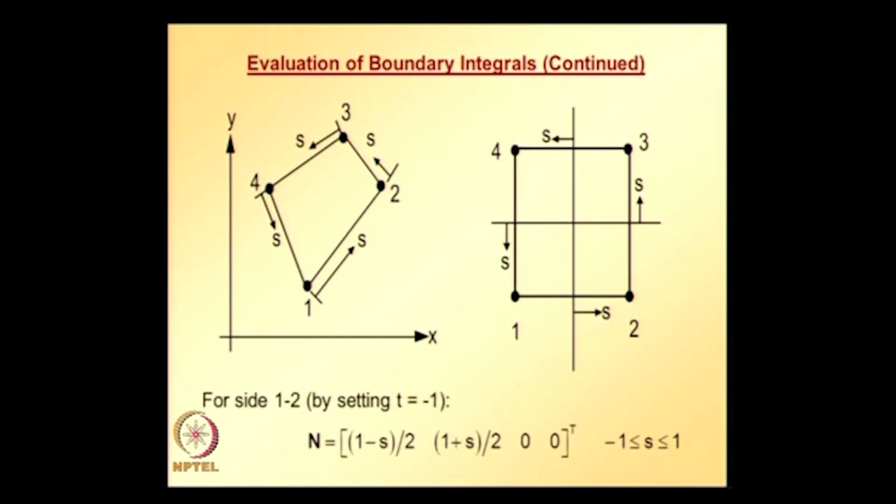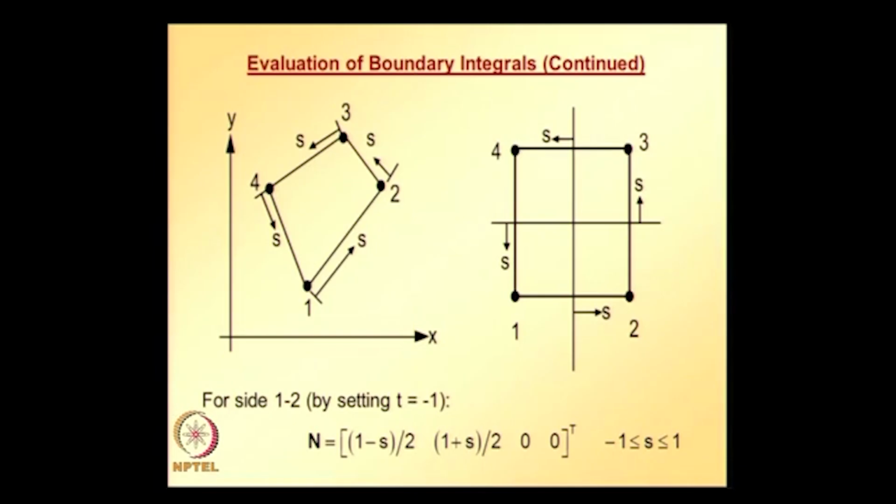For side 1 2, you can easily see from the parent element along side 1 2 t is going to be minus 1. So, you know the shape function expressions of all the 4 nodes for 4 node quadrilateral element in the parent domain. In those expressions you substitute t is equal to minus 1 and put all the shape functions in a vector form.